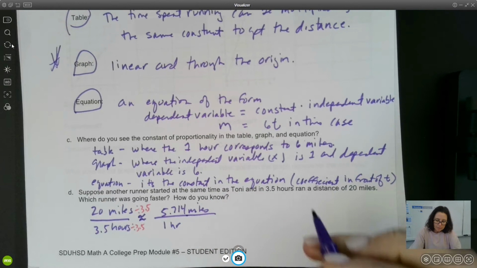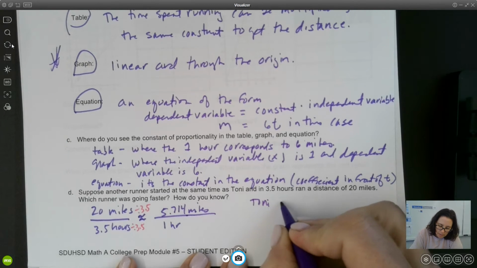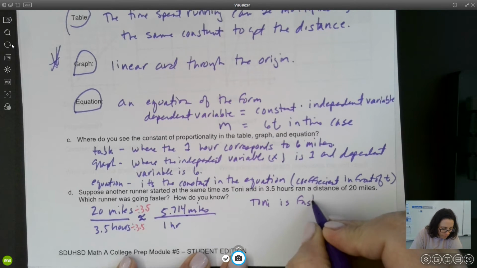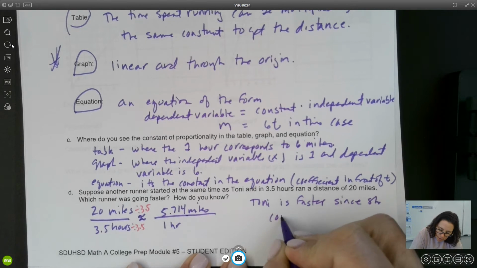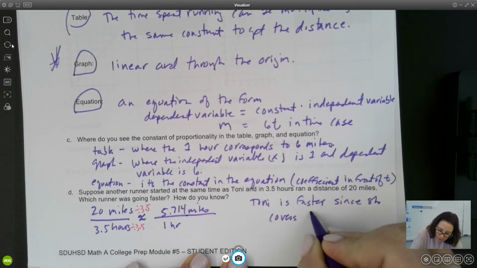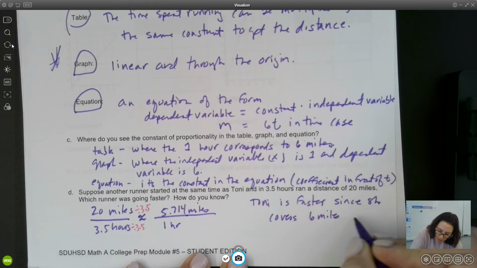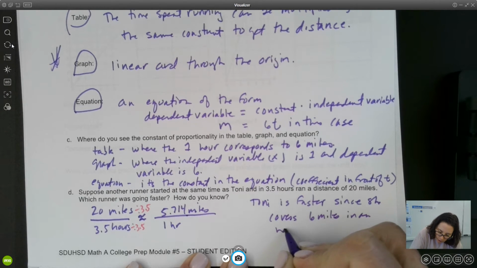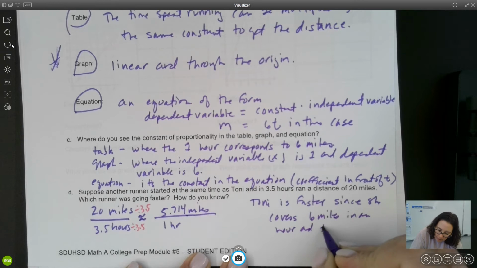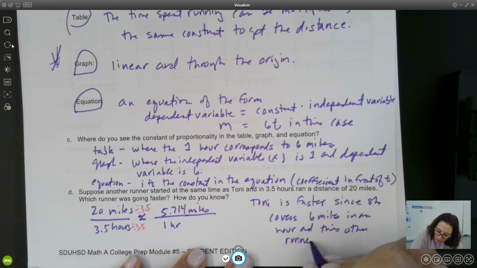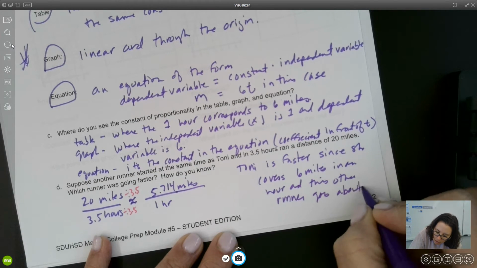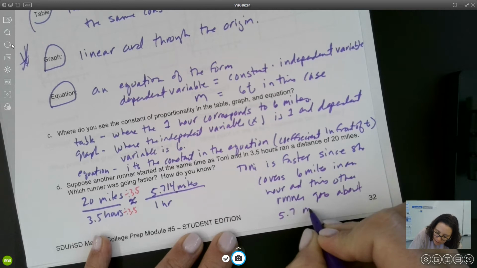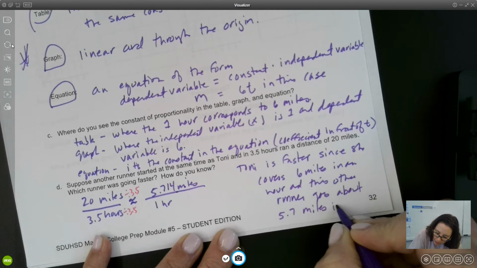Okay, so Tony is faster since she covers 6 miles in an hour. And this other runner goes about 5.7 miles in an hour.